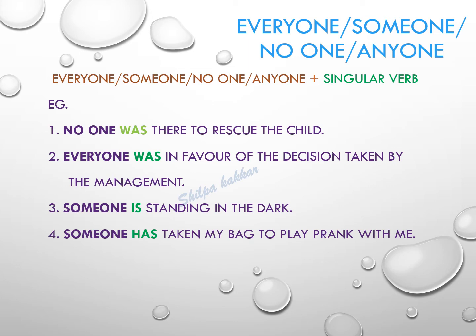Someone is standing in the dark. Usually people do not make mistakes, but at times while reading the paragraph, we may get distracted. We may not give attention. So we have to be very careful while rectifying the errors.